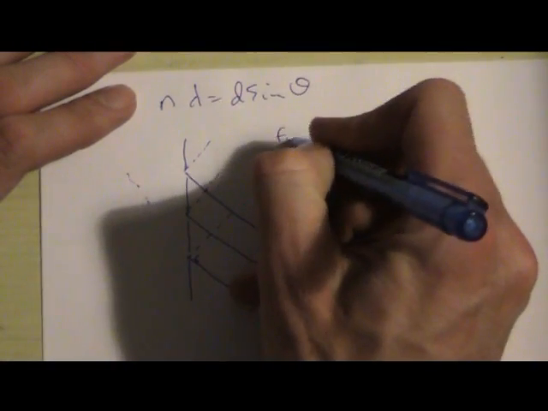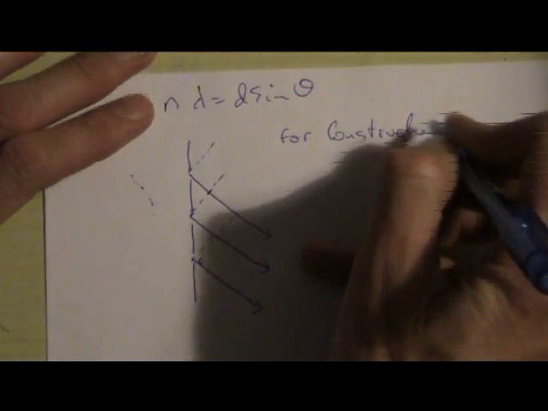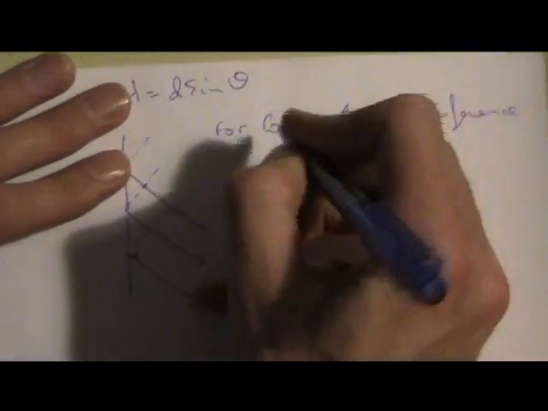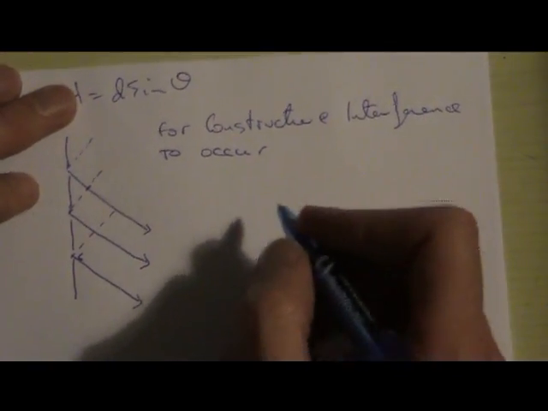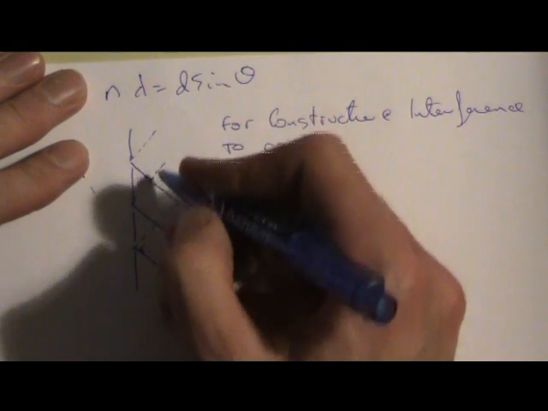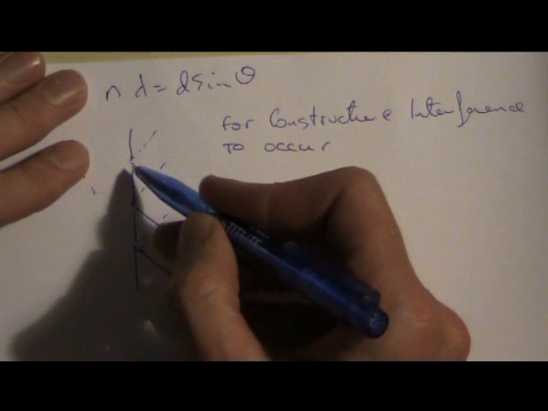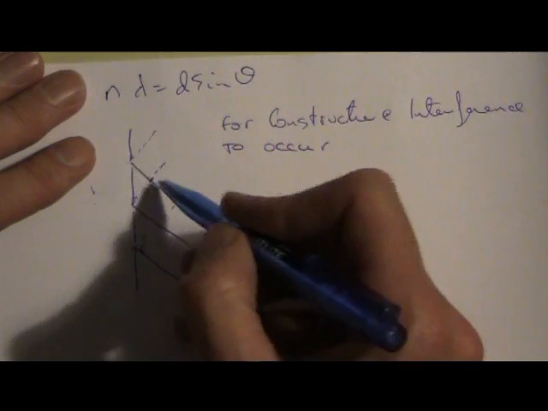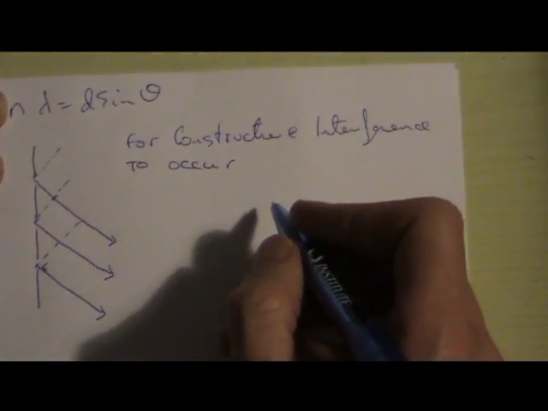So for constructive interference to occur, the extra distance that this wave is going to travel has got to be, if that's a peak and that's a peak, one full wavelength, or maybe two full wavelengths, or three full wavelengths. So it's got to be a whole number of wavelengths. Another word for a whole number is an integer.